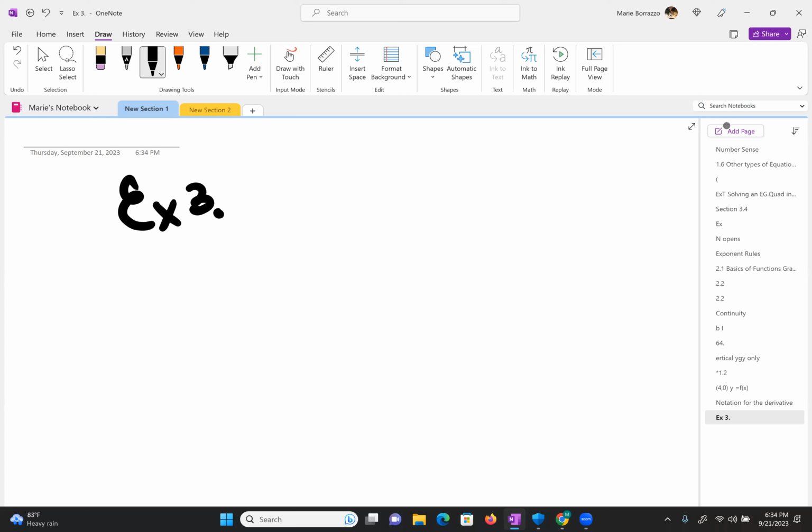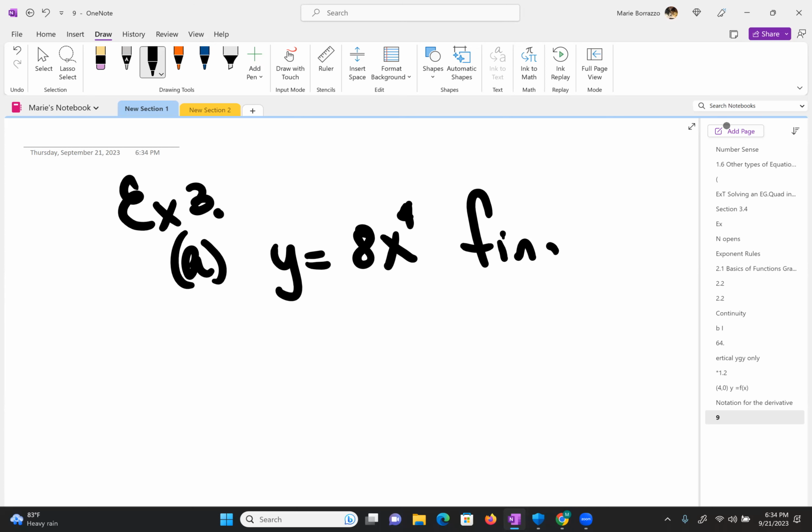In this one, they're asking us in part A, if I have y equals 8x to the 4th, they want us to find dy over dx. So that's just basically find another derivative, right?